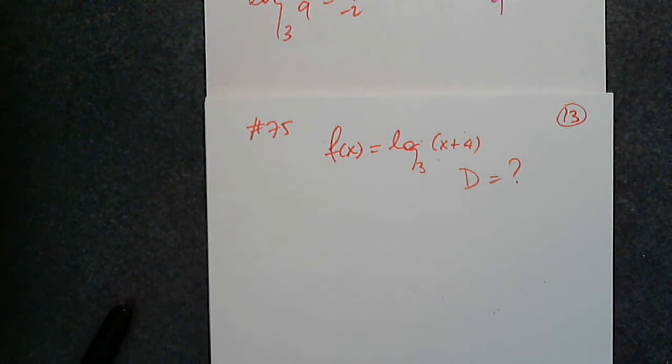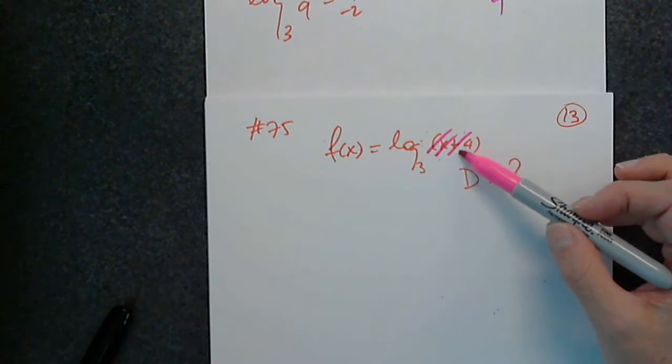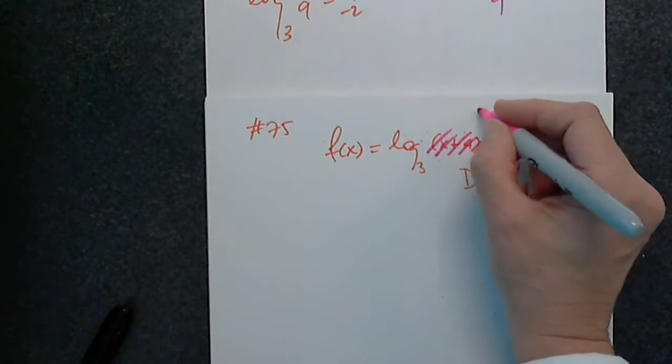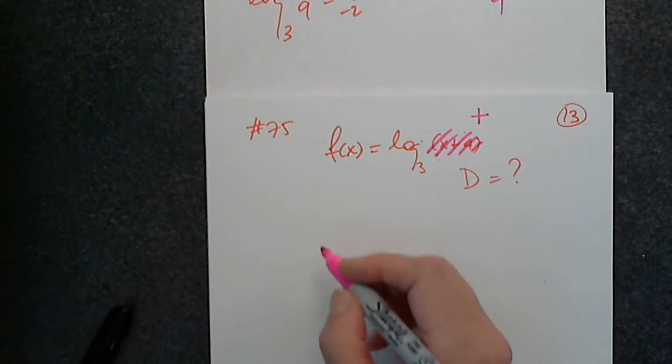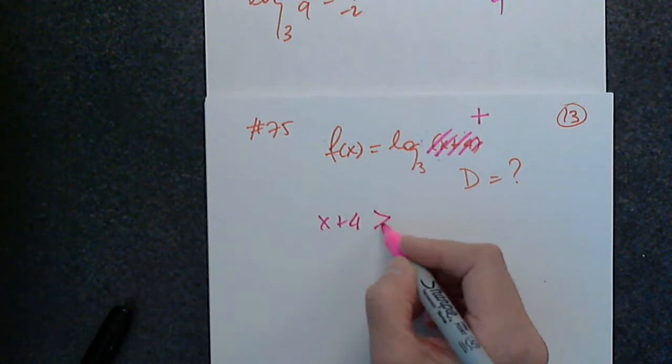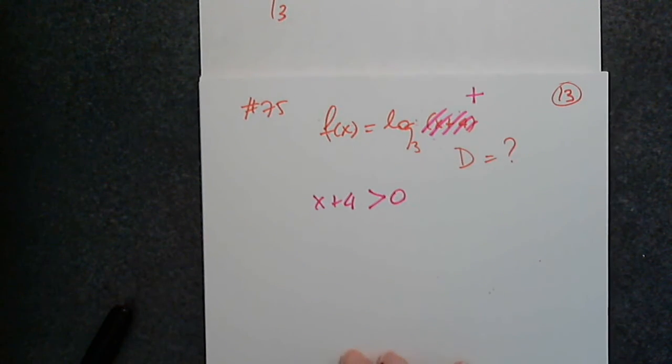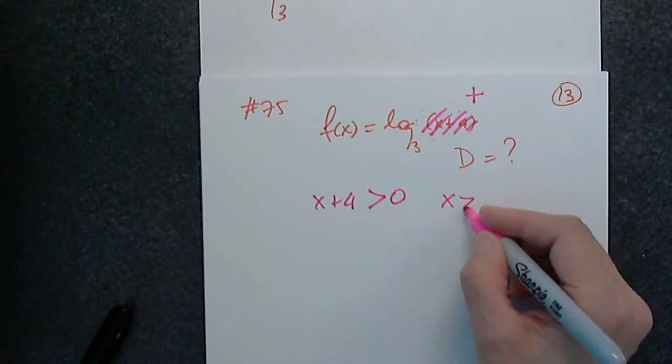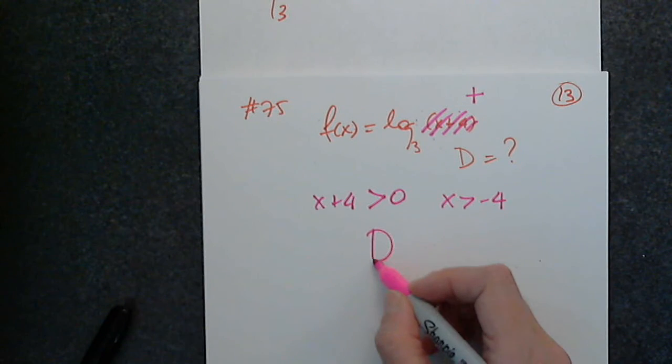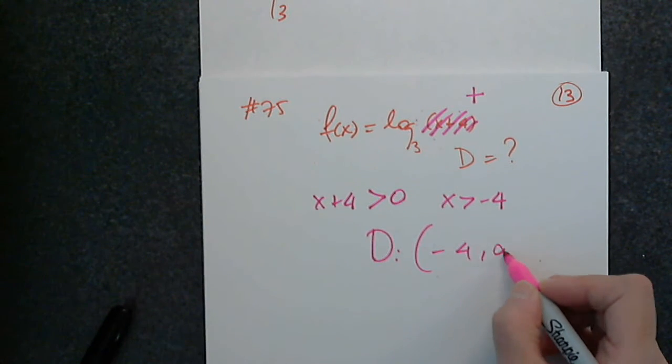What do I have to write and solve? Well, I know that this piece must be a positive number. So therefore, x plus 4 must be strictly greater than 0, which means x must be greater than -4, which means the domain must be -4 to infinity.